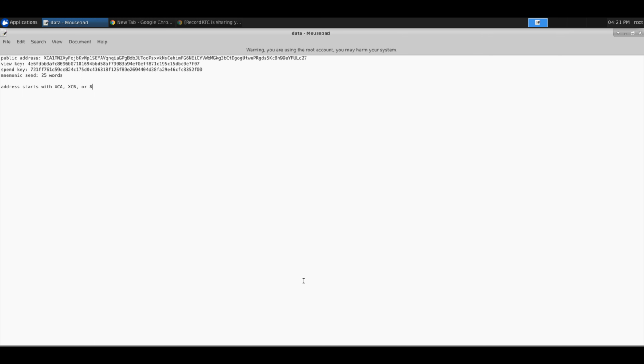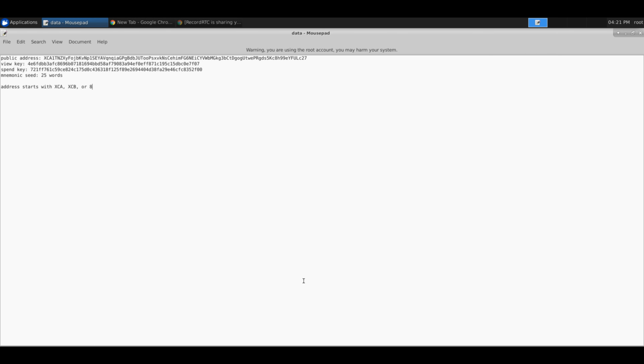So this is where an XCB address comes in. An XCB address uses the newer 16 character encrypted payment ID, and that's all it is. An XCB address is essentially a wrapper for the XCA address and the payment IDs.